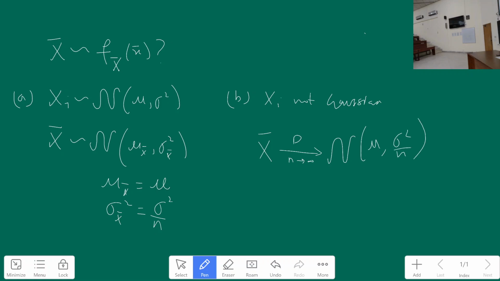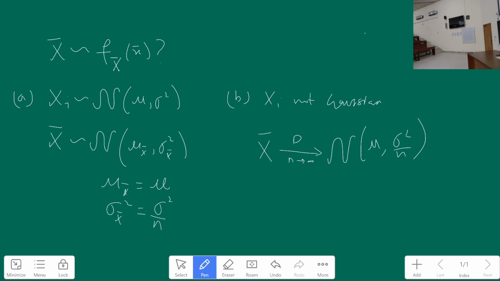So here the distribution is actually Gaussian with mean mu and variance sigma square over n. As long as the sample size is large enough, the sample mean will have a Gaussian distribution. Its mean is the true mean, its variance is the true variance divided by n.